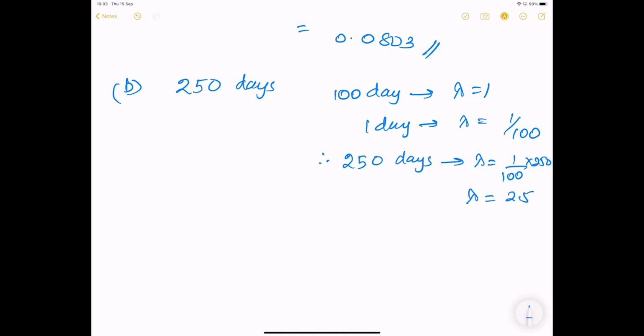That is the way of finding lambda, because we found the lambda for 100 days, that is equal to 1. For 1 day, lambda is equal to 1 over 100. For 250 days, we have to multiply 1 over 100 by 250, right?